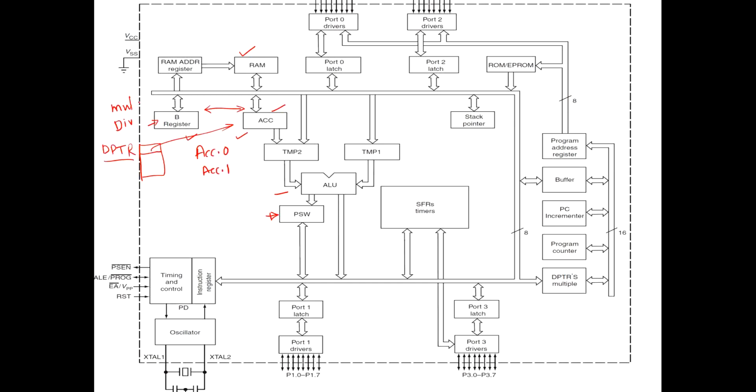Normally for multiplication we use MUL AB, and for division DIV AB, so that the result is available in both the A register and the B register. We can also use the B register to temporarily store data. So these are the main registers.